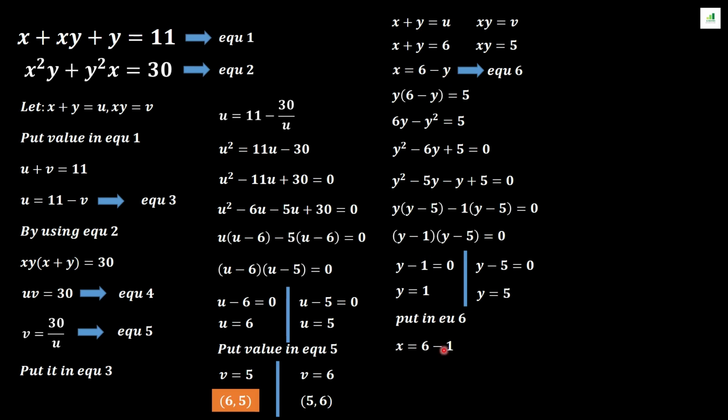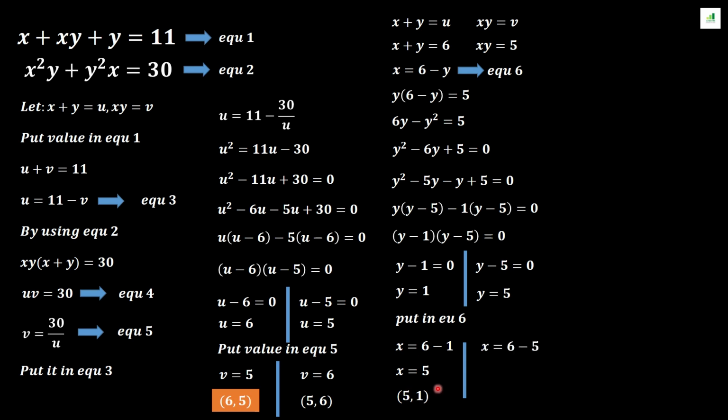We will get 6 minus 1 as an expression, and after subtracting we get the first value for x, and here we get the first ordered pair, 5 comma 1, for the values of x and y after solving the whole condition.